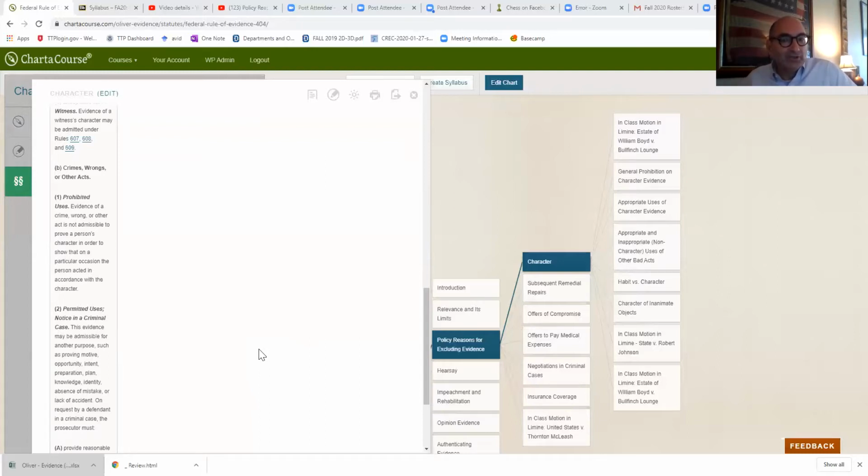And as we will see, the line between what is character and forbidden under 404(a)(1) and what is not character and what is some other purpose, like showing intent, motive, knowledge, or modus operandi, the line between those things is so thin that by the end of the time, you will be convinced, I believe, that 404(a)(1) is actually kind of meaningless, and the whole ball game is resolved by 404(b)(2).